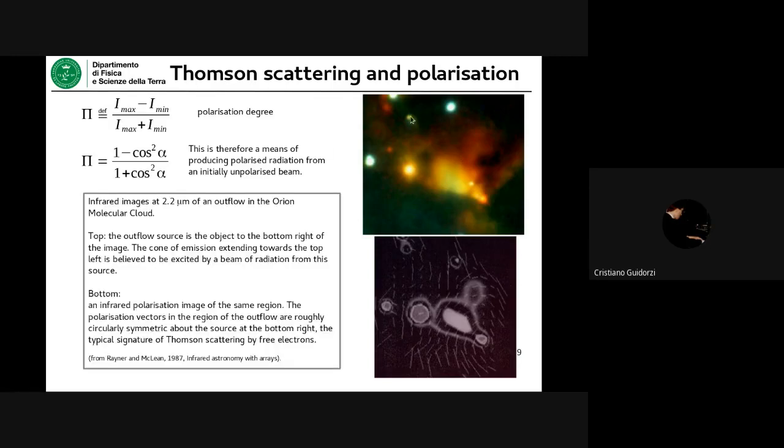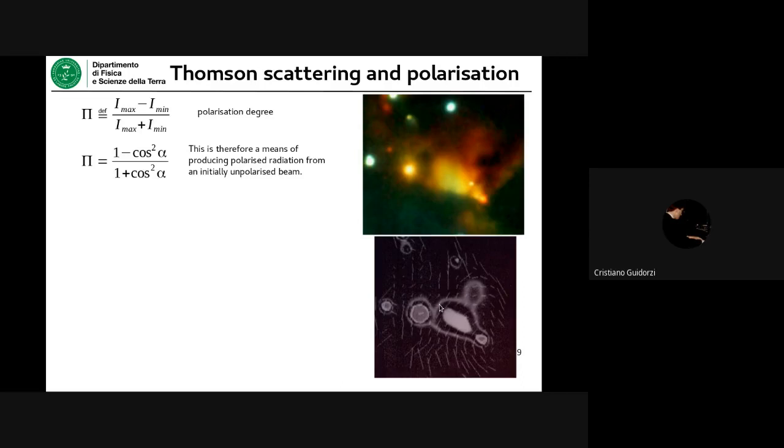And this figure here is a region in the Orion molecular cloud where you have some star formation going on, in the infrared domain. These lines tell you the direction of polarization of the infrared light. The source of light is here, and all this light that you see is light which has been scattered towards you. You see that the direction of the electric field is kind of surrounding the source.